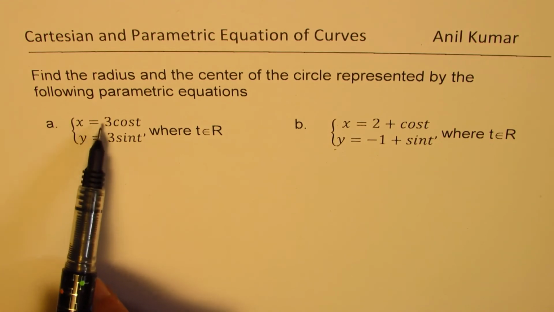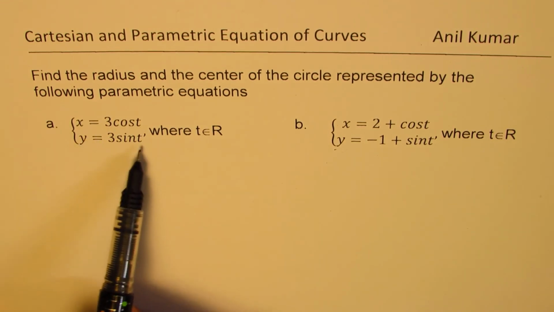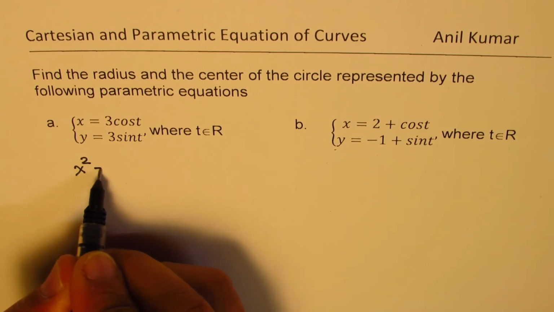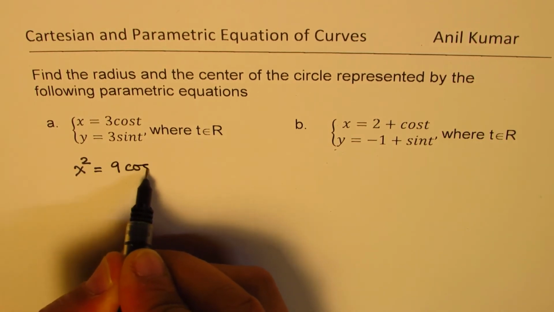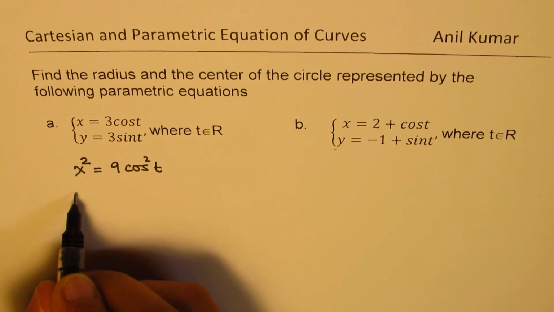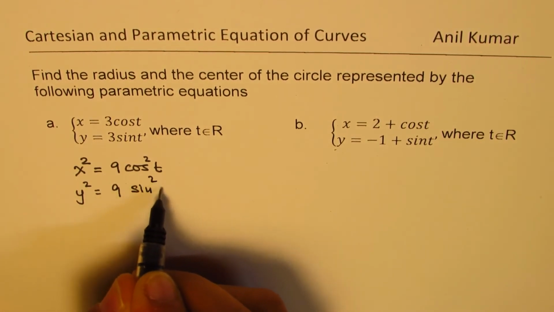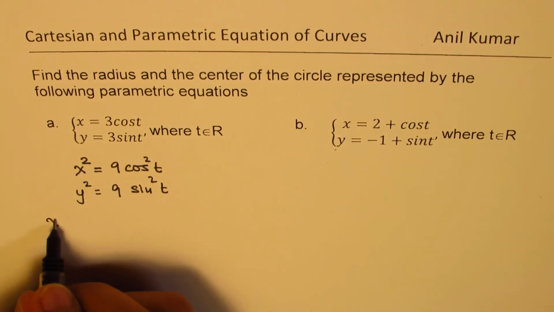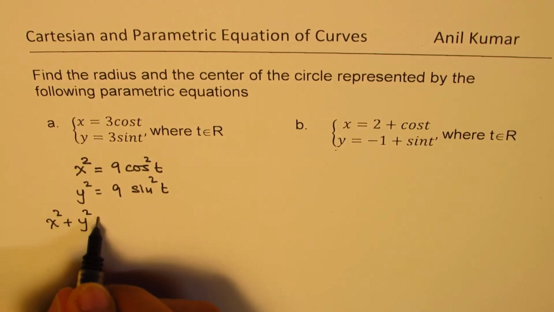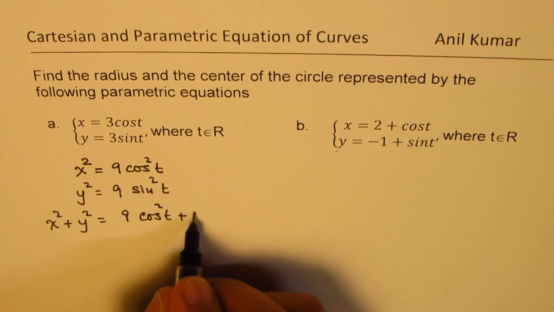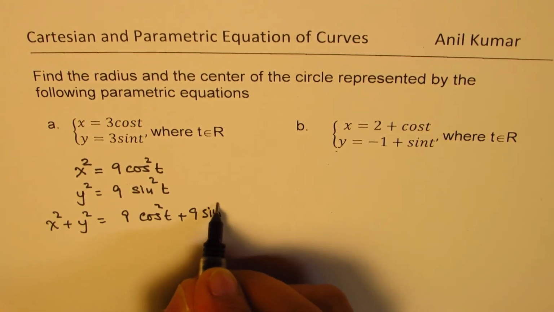We are given x equals 3 cos t, y equals 3 sin t. So what I could do is, I could write this as x square equals 9 cos square t, and I could write y square equals 9 sin square t, right? So if I write x square plus y square, I get 9 times cos square t plus 9 times sin square t.